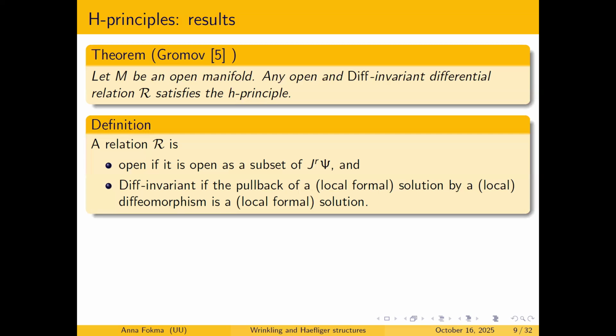Diff invariance is slightly more technical, but it means that if you have a solution, you can pull it back by a diffeomorphism, and that result should again be a solution. And then again, this should also hold for local solutions and local formal solutions. And in practice, this just boils down to the fact that you should be able to define your relation in a chart-independent way. So that's also usually fine.